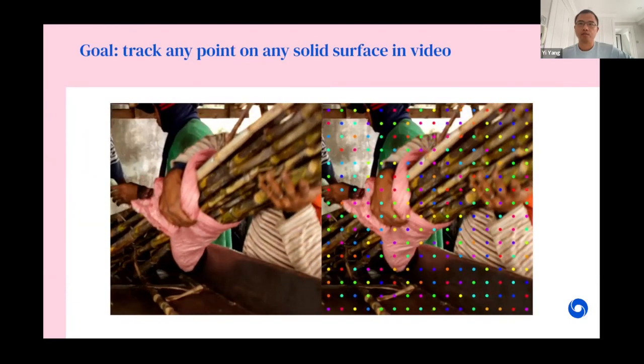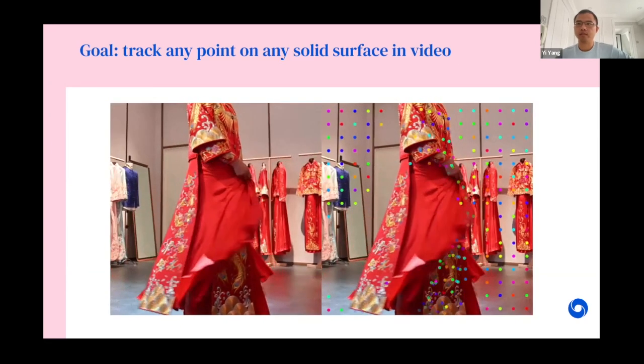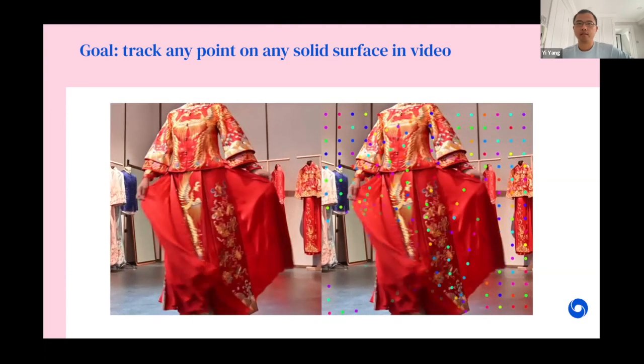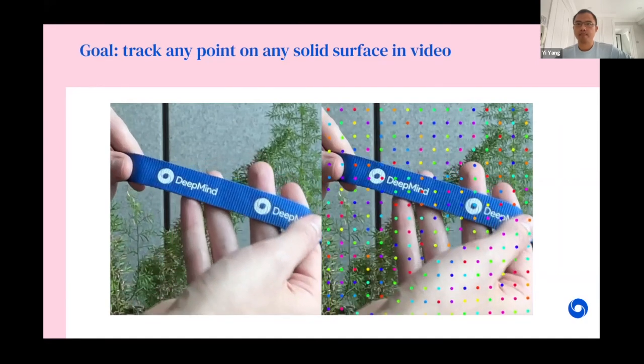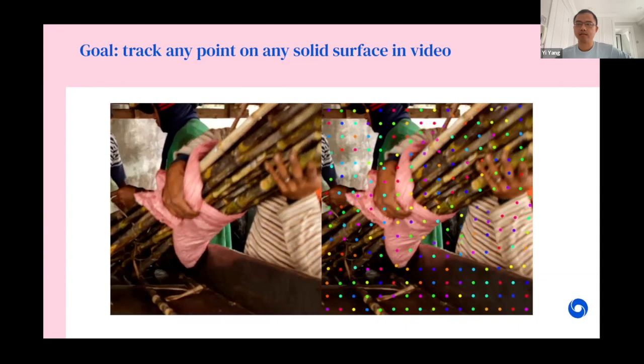Our long-term goal is to track points on any solid surface in real-world videos, potentially over a long time horizon, because we think this gives clues about the physical properties of the objects. Today, however, it is very difficult to measure the progress in this space.